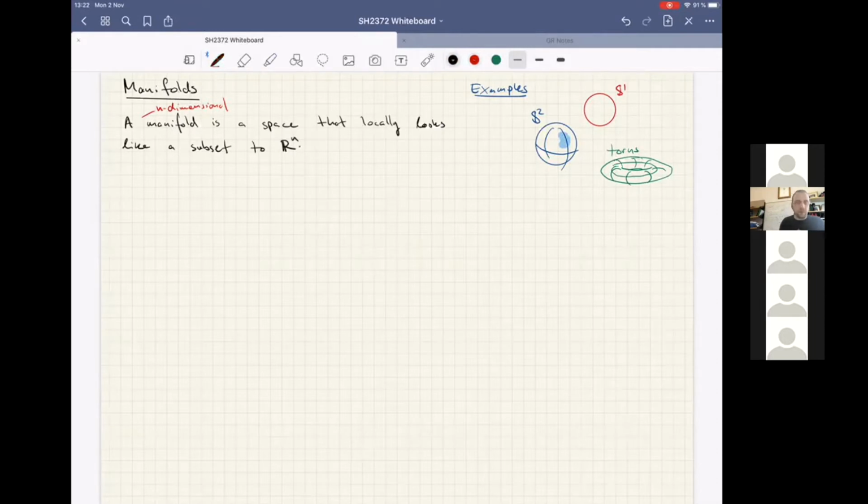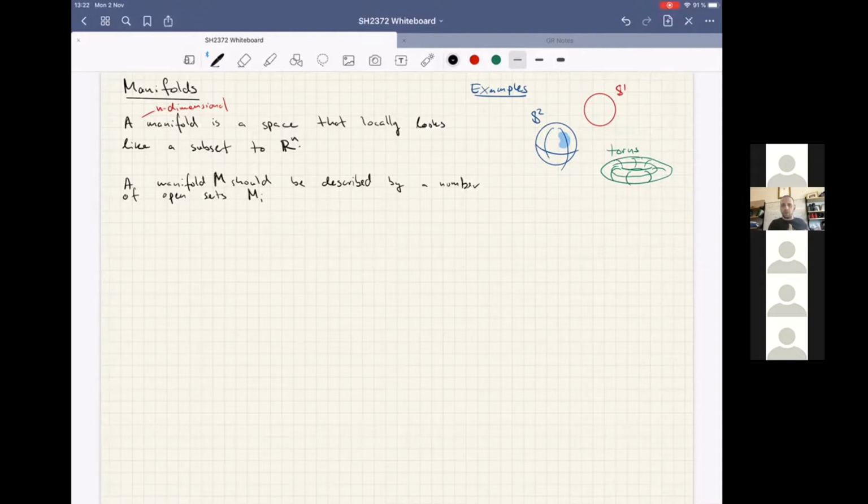So to put that down, this means that a manifold should be described by a number of open sets, or let me put in an M here.